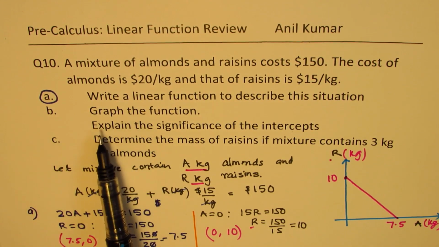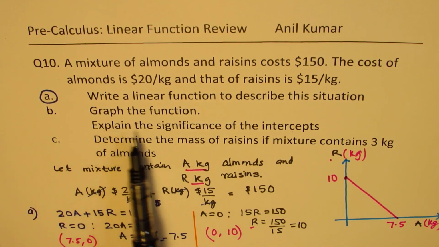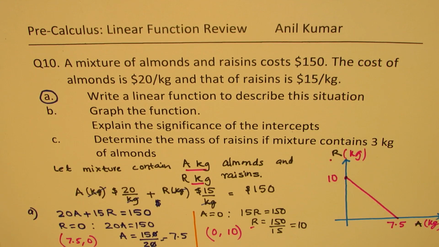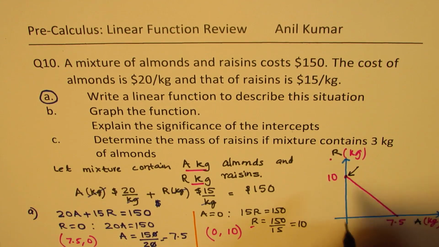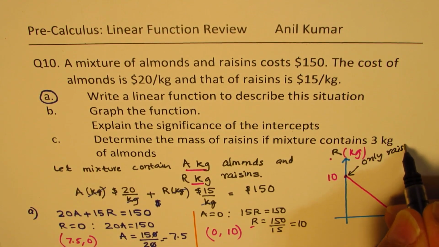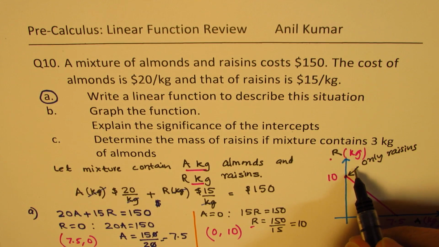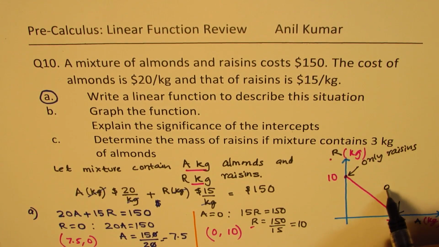Now let's do part B, we have already done the graph. Explain the significance of the intercepts. Now these are the two intercepts. Here we mean the mixture is only raisins, no almonds. In this case, this point means only almonds.